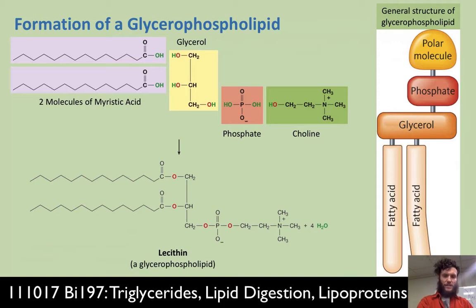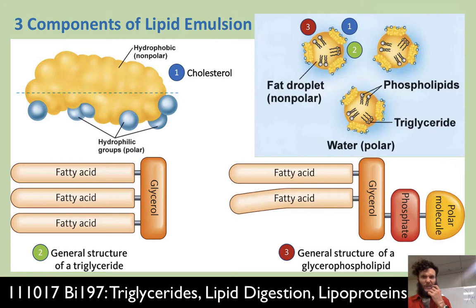Okay, why is this important? Well, it turns out that to make these emulsion droplets out of these big blobs of fat, to make the lipid emulsion, you can't just use bile salts. You also use some triglycerides, and you also use these glycerophospholipids.